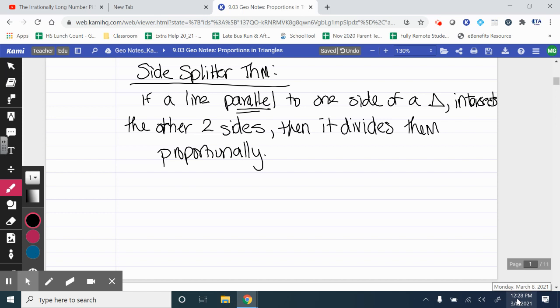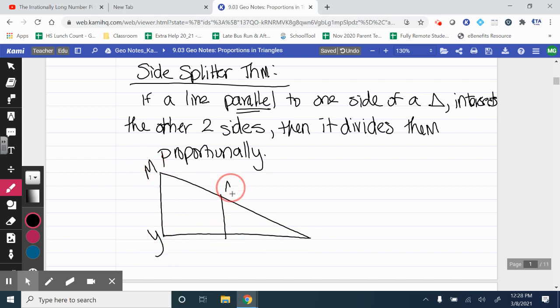Okay, so if you look at a triangle like this, so let's say this is Y, M, A, T, and R. If we know that these two segments here are parallel to each other, then we have some proportions that we can set up. So wherever that intersects those two sides, here and here, it's going to divide those proportionally.